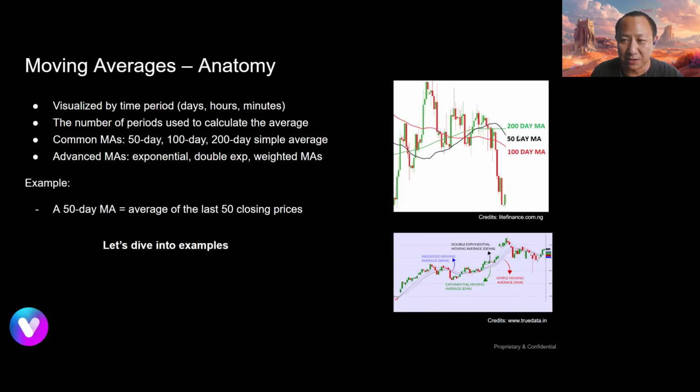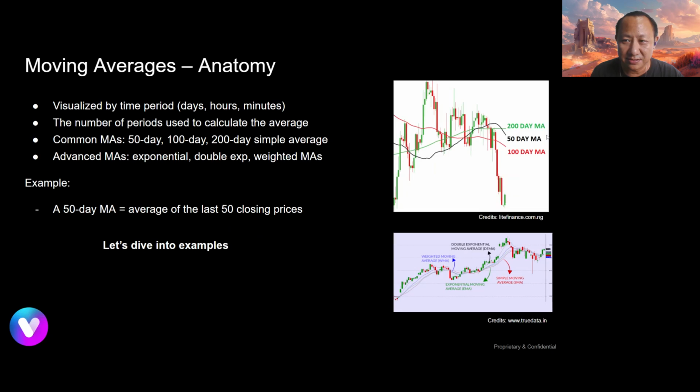So, for example, a 200-day moving average uses a 200-day period, or 200-time period, to calculate that average, right? And there could be advanced moving averages, for example, exponentials, double exponentials, and even weighted moving averages. So those are some advanced ways of calculating moving averages, right?